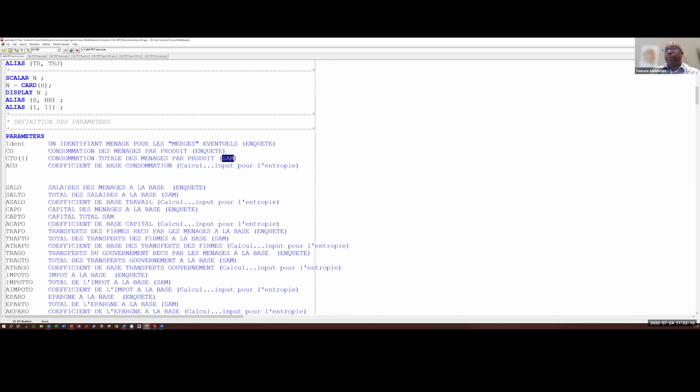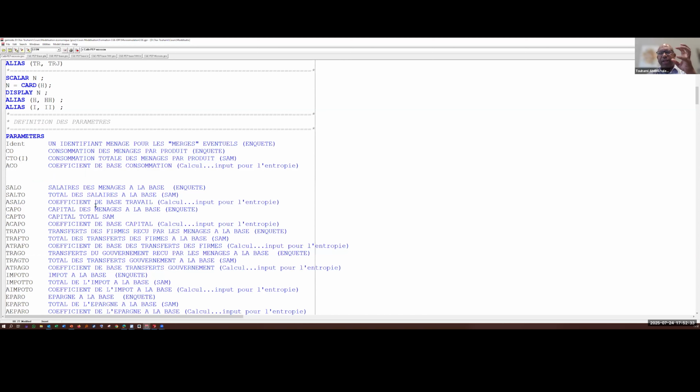Just before the break, we introduced the technical coefficient. Here we define the value, we will see what the definition is, but here we have the definition of the coefficient we have to use in our model. It's exactly the same thing for any flow we have in the sum.